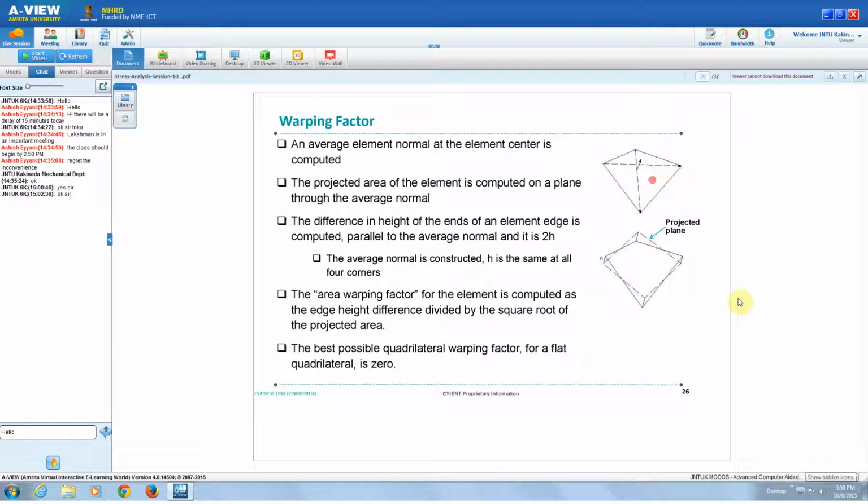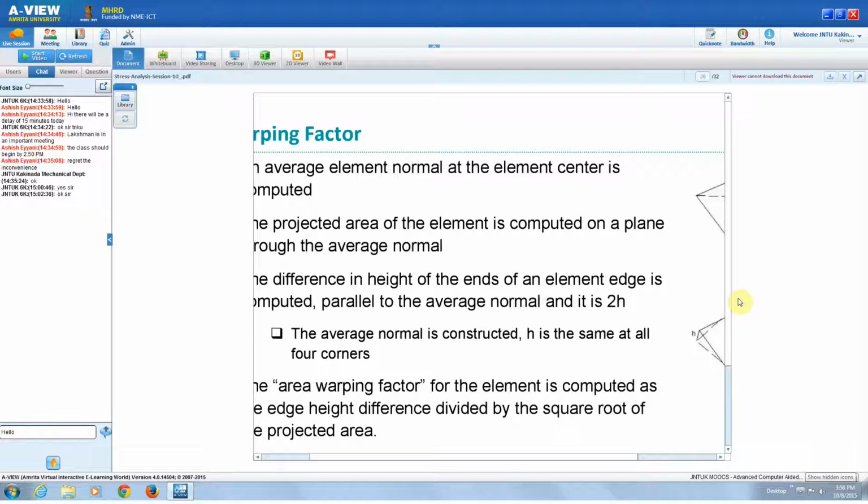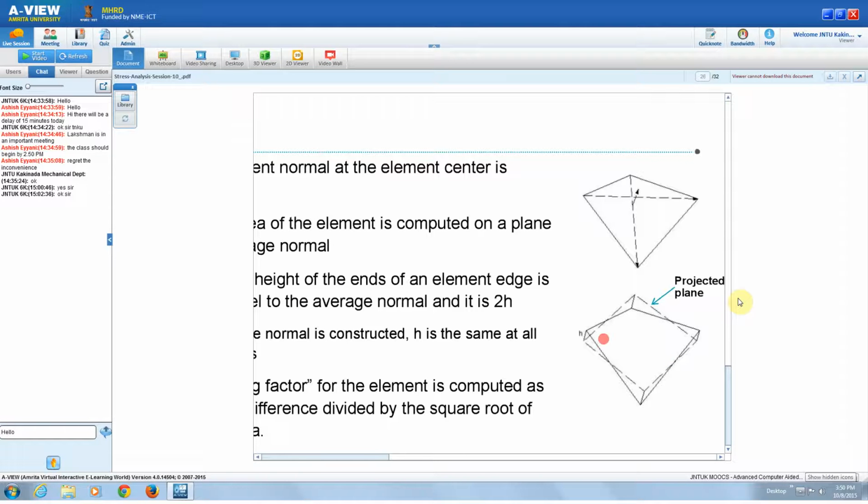In that plane, this element will be projected. So basically, the difference in the height at the ends of the element edge is computed. Let me zoom in. Here the dashed line indicates the projected plane, and the regular line indicates the element.